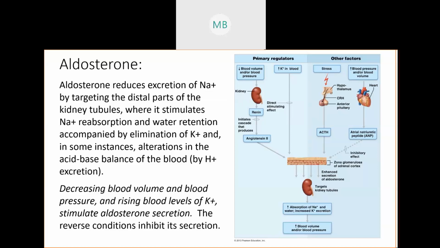So when your body detects that you have too much potassium in your blood flow, it sends that signal directly to your zona glomerulosa so that your body can then begin to produce aldosterone. And aldosterone is going to tell your body to get rid of all that extra potassium and keep more sodium. That itself is going to cause your blood pressure and your blood volume to rise once again.